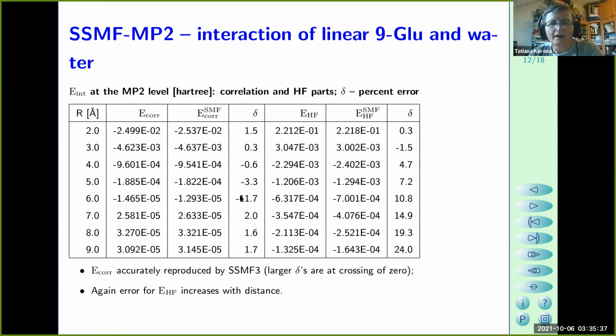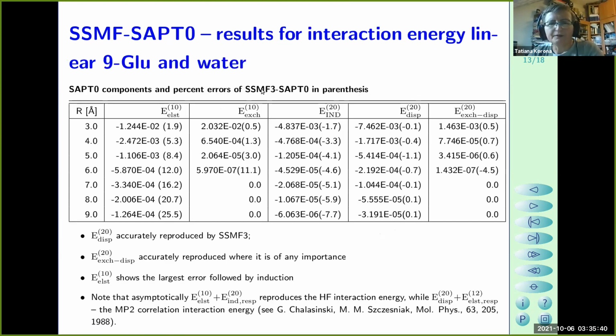So let us see how it looks if we partition the interaction energy using the symmetry adapted perturbation theory method. Here we always have the subcomponent in Hartrees, and in parentheses the percent error with respect to the SMF-free result for a given component.